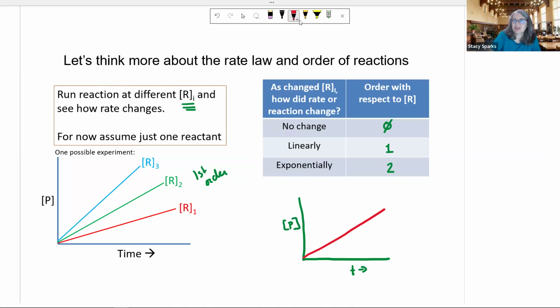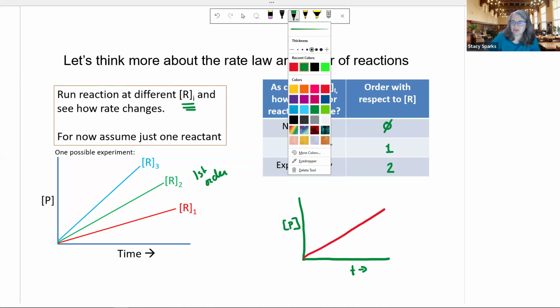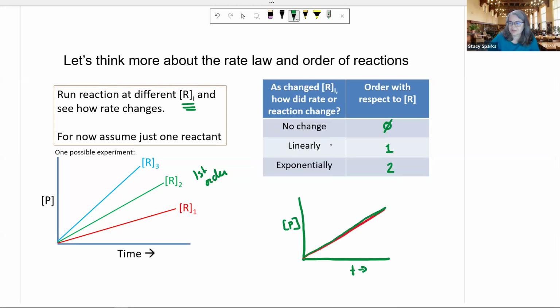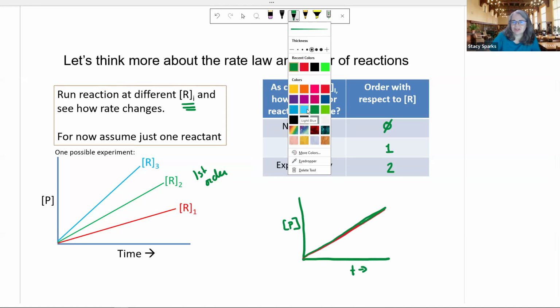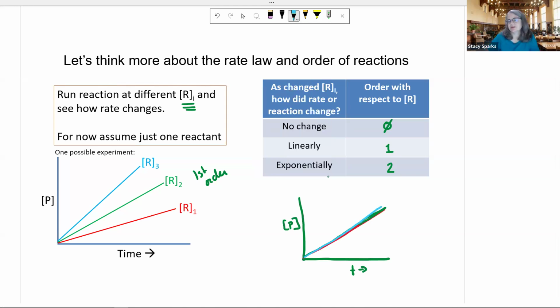And then I change that initial concentration to the one shown in green. You know what? For a 0 order reaction, we'd see that exact same line. And then if I changed it again to the one shown in blue, I would again see the same line. So this would be a 0 order reaction.